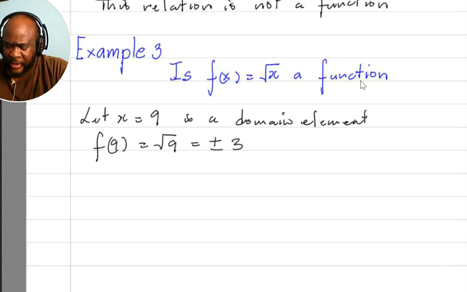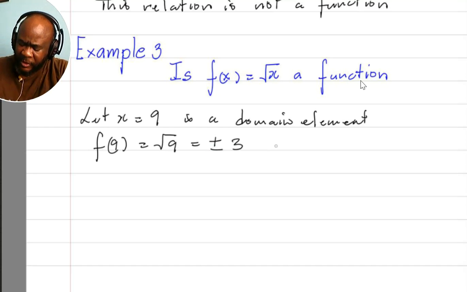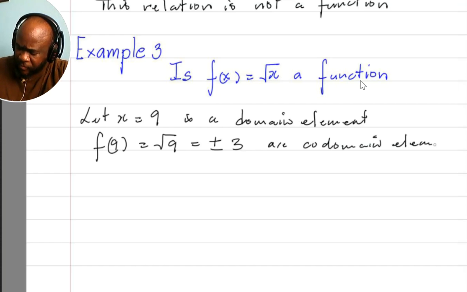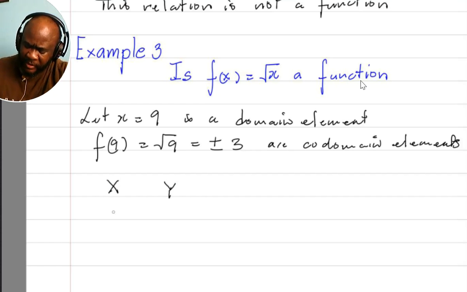So in other words, these are our codomain elements: x values are the domain, y values are the codomain. Domain element 9 is mapped onto codomain elements 3 and minus 3.